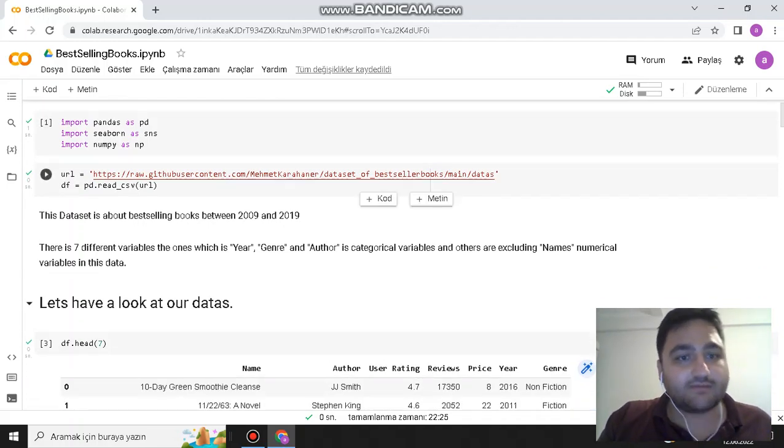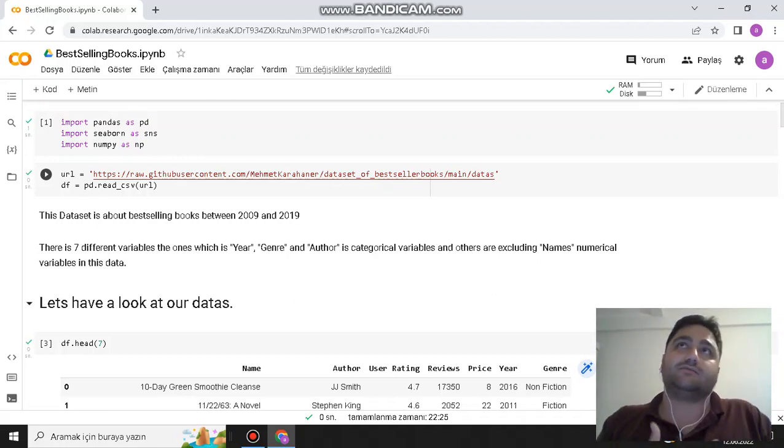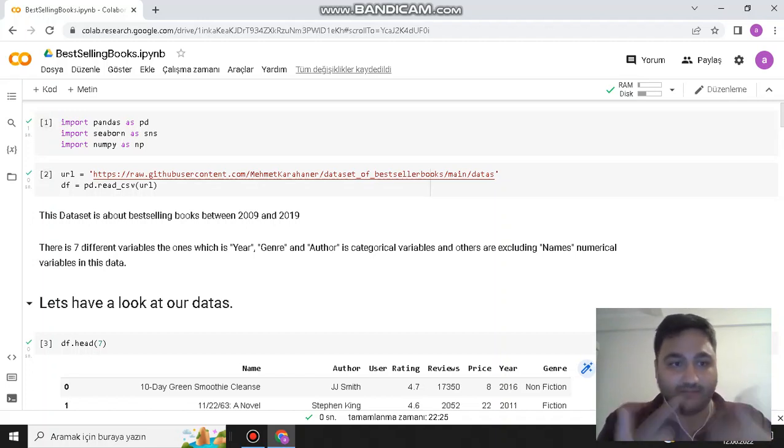I'm getting that data from my GitHub because it's easier, and I didn't want to save on my drive. Like if I send this to someone, that person can easily open this without any importing stuff.